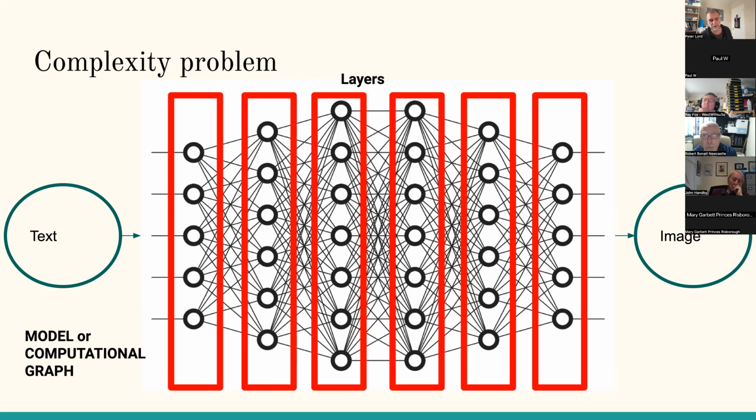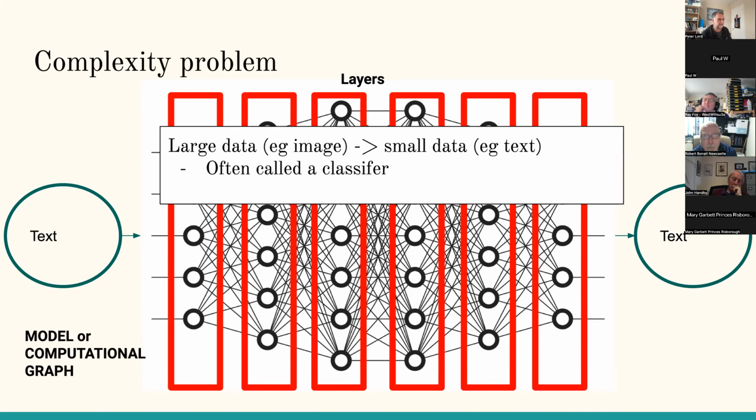Now, that's a huge step when you think about it, or text to text, because it's a different set of problems. If you're taking a large amount of data, for example an image, and using a neural network to create a small amount of data, this is a fox, that type of neural network is often called a classifier.